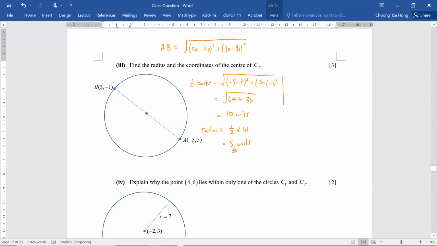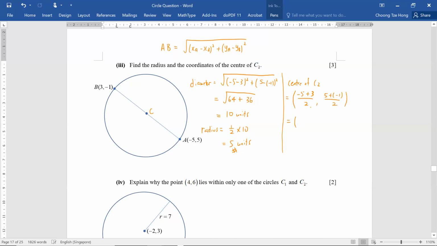Then the next part, the center. The center is very easy: it will just be the midpoint between A and B. Just add up the two x coordinates, so minus 5 plus 3 over 2, and add up the two y coordinates, 5 plus minus 1 over 2.